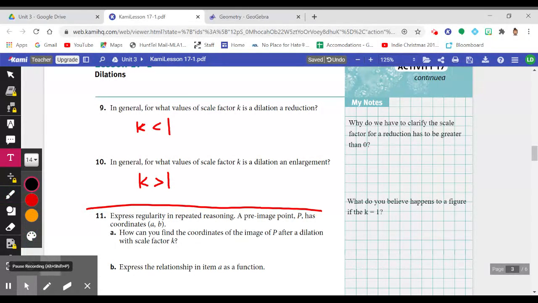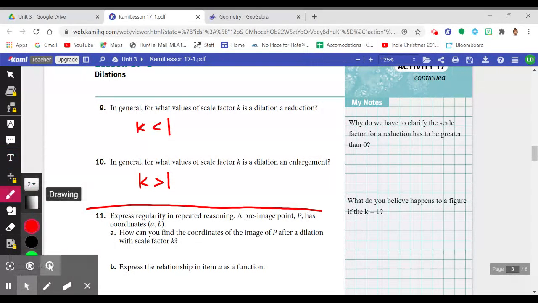Number 9, in general, for what values of K, scale factor K, is a dilation a reduction? We saw that with a scale factor of 1/2 it was a reduction. So think about why that is. Well, in general, if K is less than 1, like 1/2, it's a reduction.